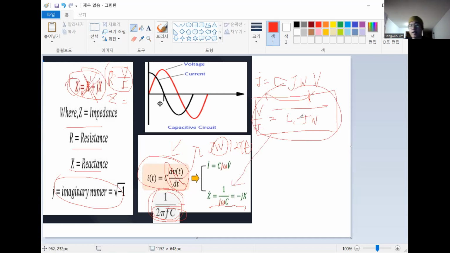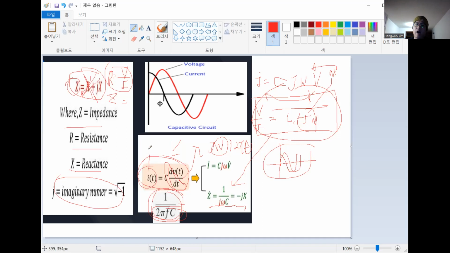And as I said, j makes a 90 degree lead. For example, if it's a sine and we make it cosine like this, which means if we differentiate, j makes a 90 degree shift and makes it lead more.